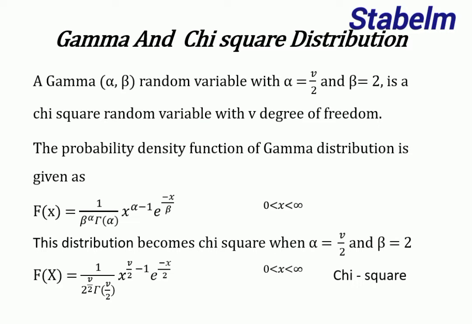Now we are going to compare chi-square and exponential distribution. How are they related? Can chi-square distribution become an exponential distribution? That's what we're going to look at now.